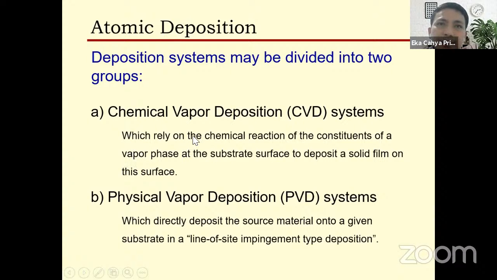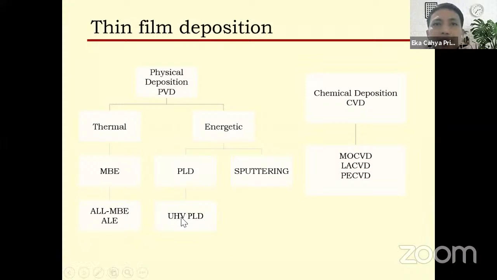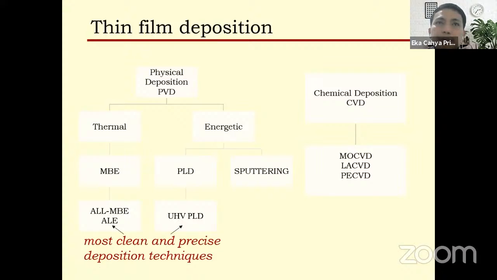Chemical deposition relies on chemical reactions at high temperatures to deposit a solid film on the surface, while physical vapor deposition does not include chemical reactions during evaporation and deposition. It directly deposits a source material onto a given substrate. Okay, this is the chart, physical and chemical.